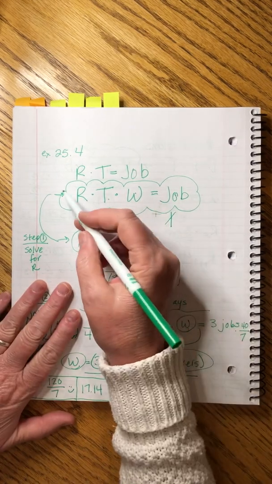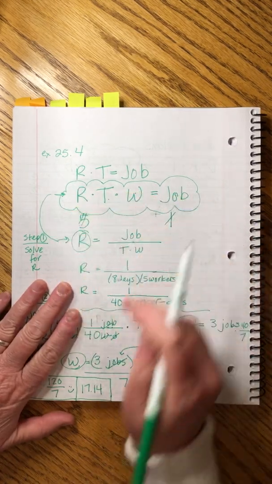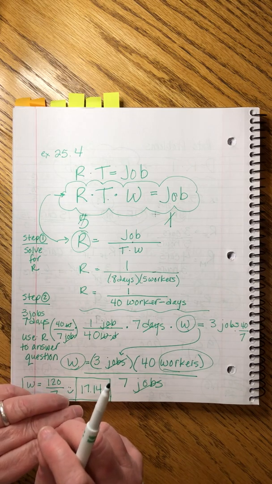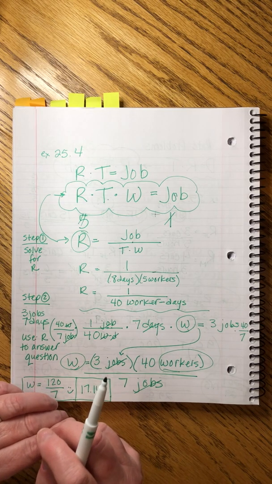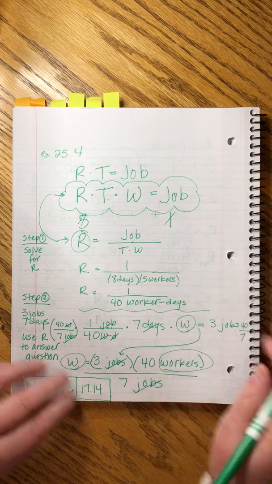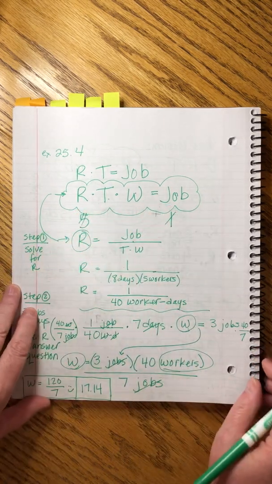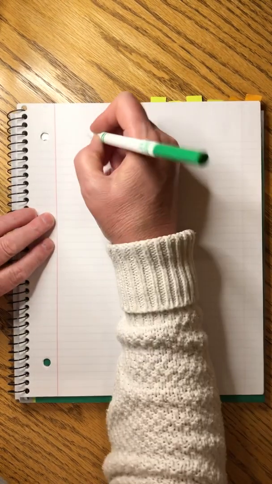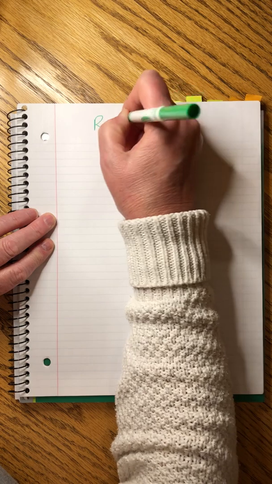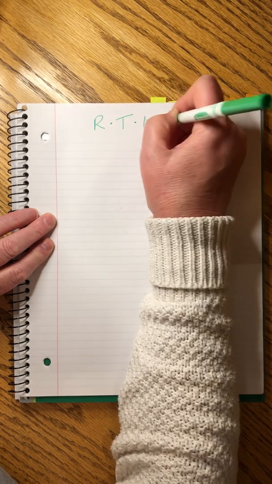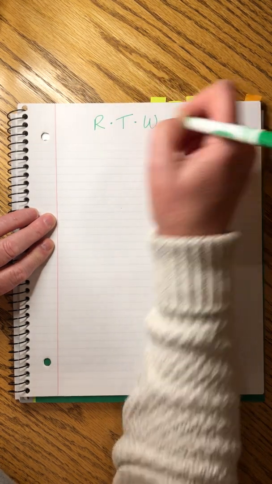This is the one where we expand the formula to have workers, and then the next one is going to be similar to this in that we're going to have a slightly expanded version. So let's flip to that. This is the last problem for this lesson. And let me just write this up here. Rate times time times the number of workers equals the job.